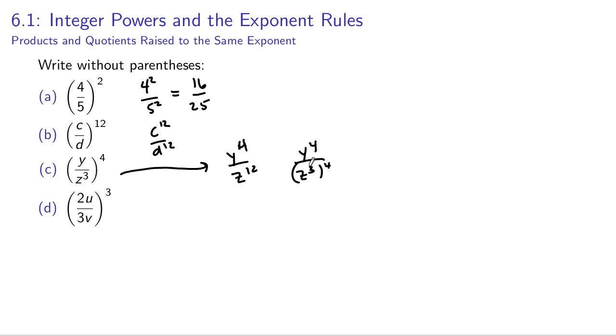Then remember the rule about an exponentiation raised to a power: multiply the exponents. Here we have 2u cubed times 3v cubed. Don't forget to cube the 2, which is equal to 2 cubed, which is 8u cubed, and 3 cubed, which is 27v cubed.